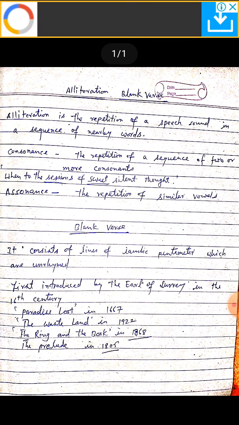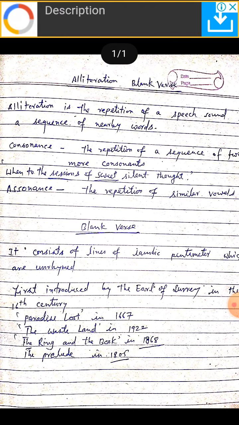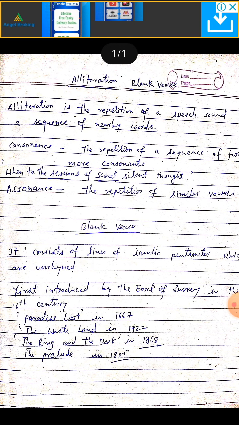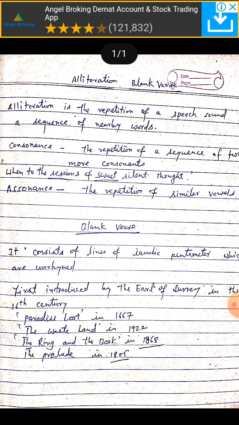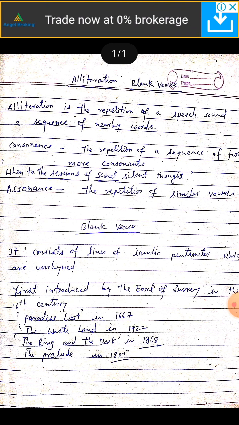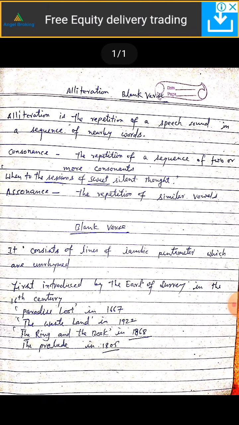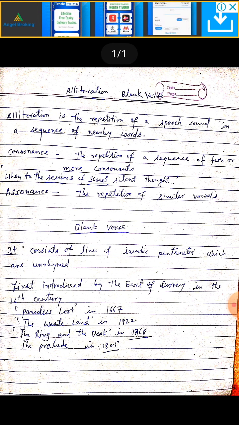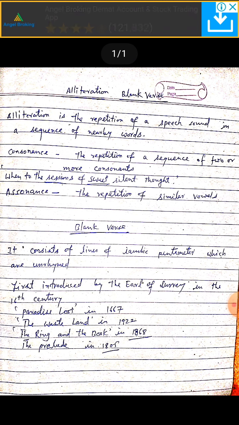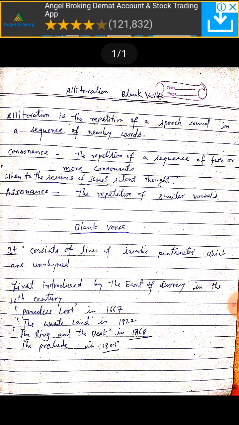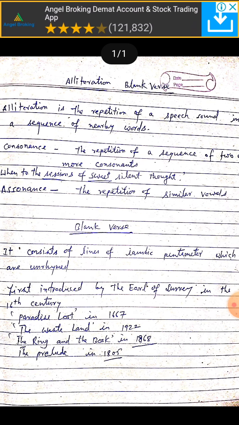It means there is the meter, iambic meter. So there are 10 syllables in a line. So iambic meter is a pair of two syllables, unstressed and stressed, which are unrhymed. So such kind of line is called blank verse.